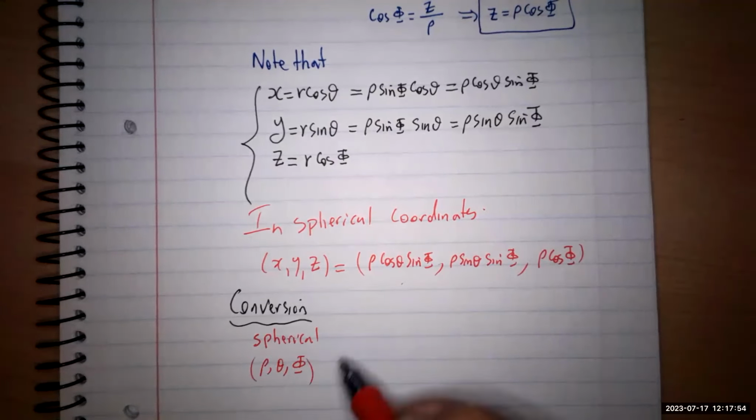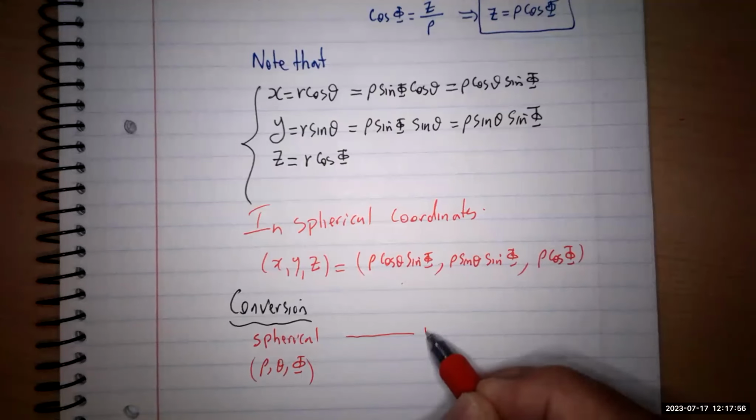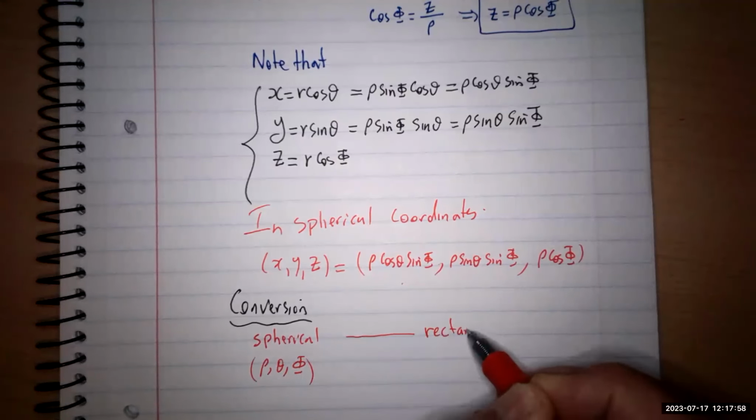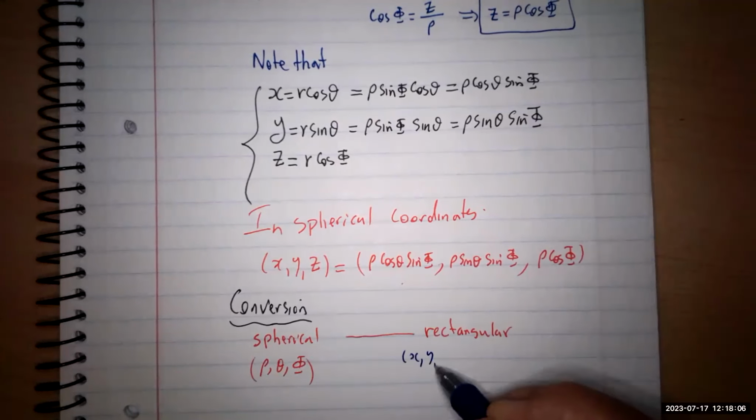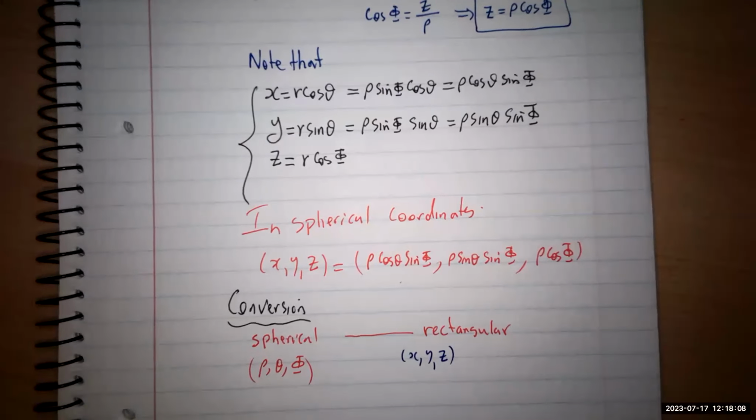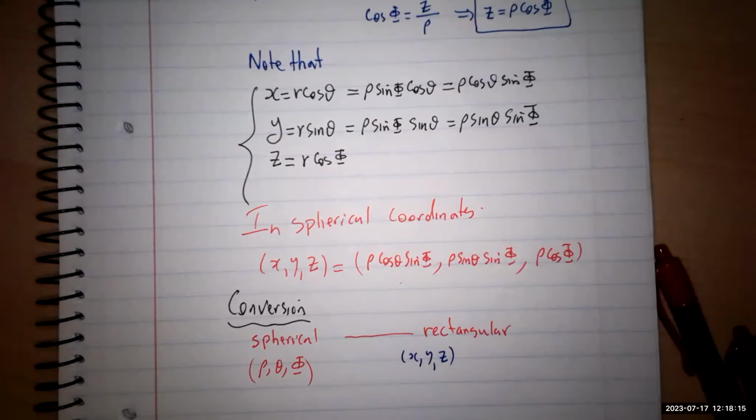If this is given to you and you want to change it to the rectangular, you need x, y, z. And this is the way you're going to find it. You just get these all together to get the numbers.